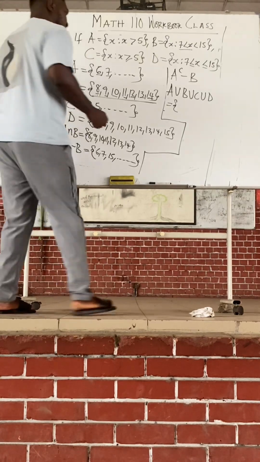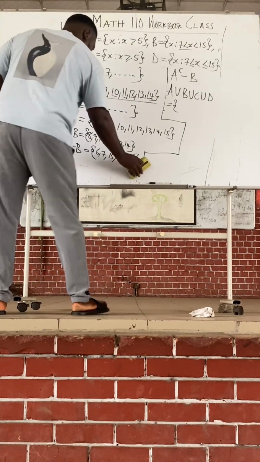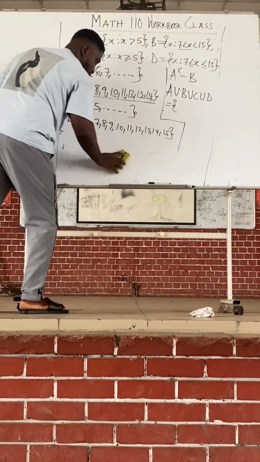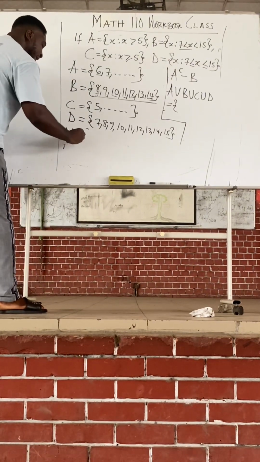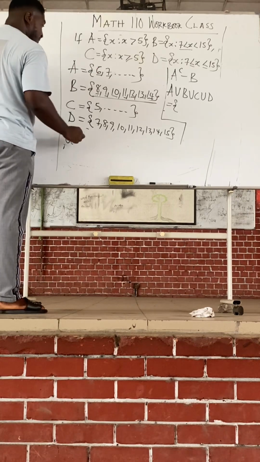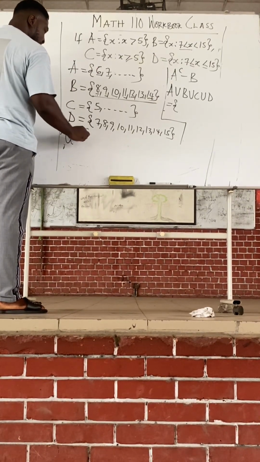So who is A? 6. I need a wider space to do this. So my universal set, let me do it here. Who is the smallest member? It is C, 5, right?